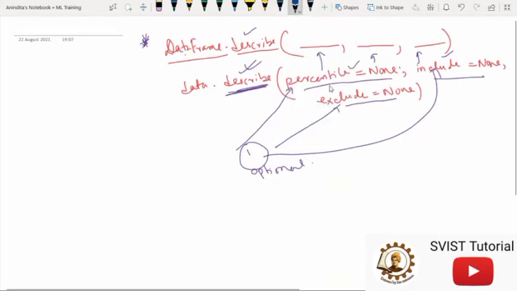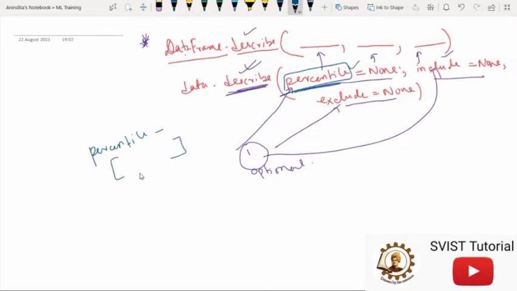But we have to understand these arguments, because for other datasets I may have to use some of them. So first, what is the meaning of the argument percentile? It is an optional parameter, of a list-like data type, and it contains a list of numbers between 0 and 1. Now what are the default values?